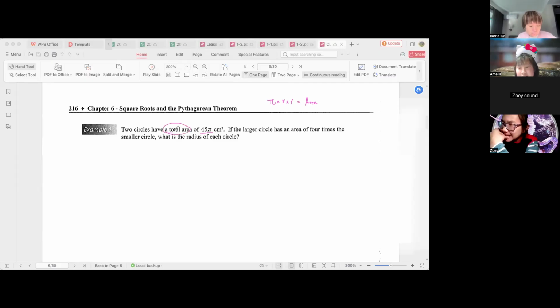Oh, okay. Two circles have a total area of 45 pi centimeters squared.